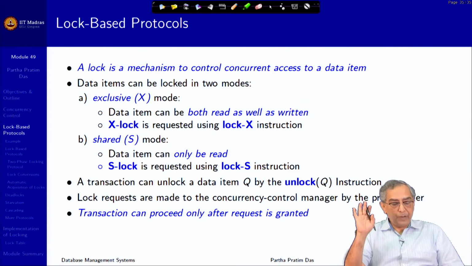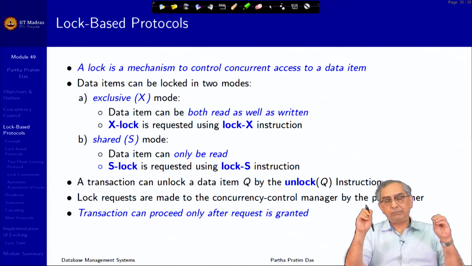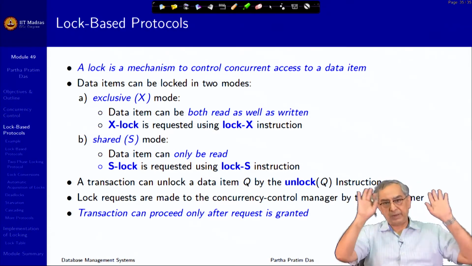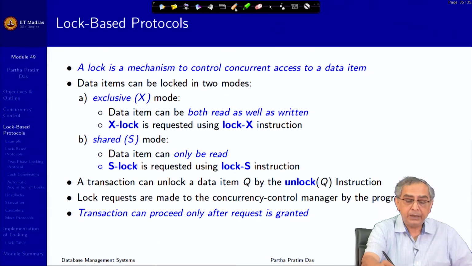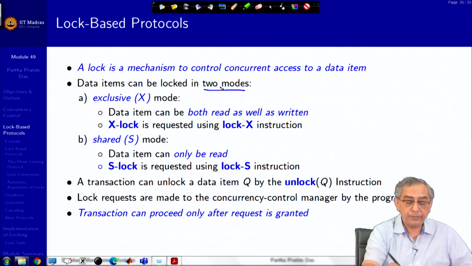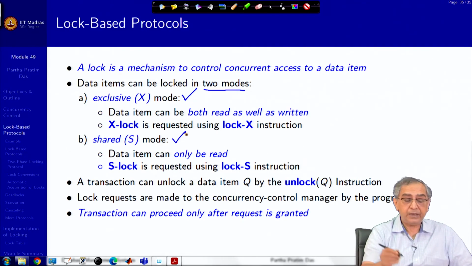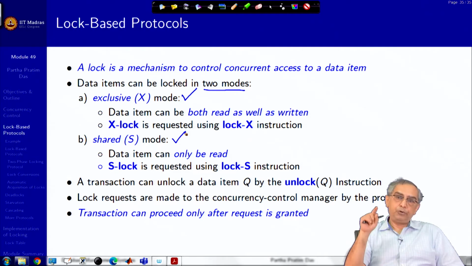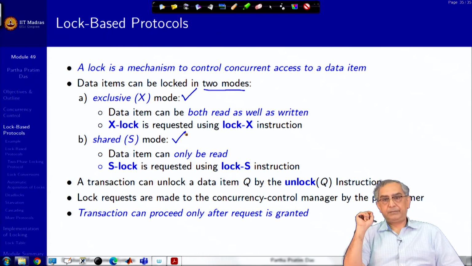Right? So, you can lock a data item in two ways. I mean, that is in general. There are several kinds of locks which have several other modes, but the simplest form is two modes. What is that? One is exclusive and another is shared. In the exclusive mode, if you hold a lock in the exclusive mode, you can both read as well as write.